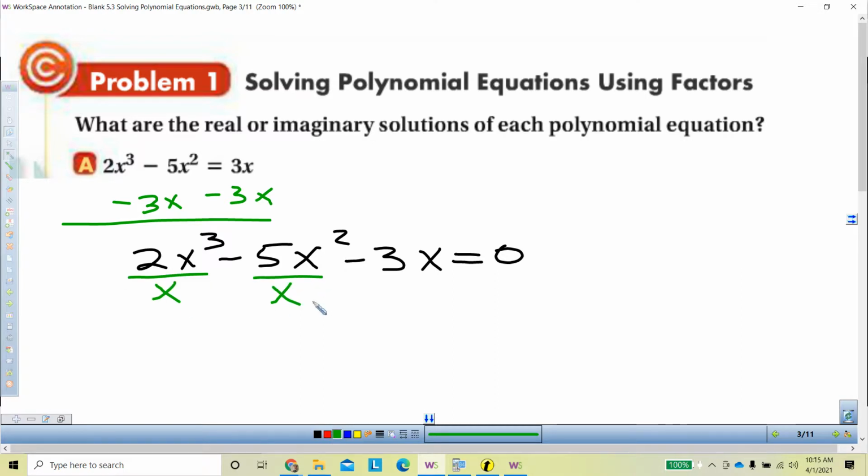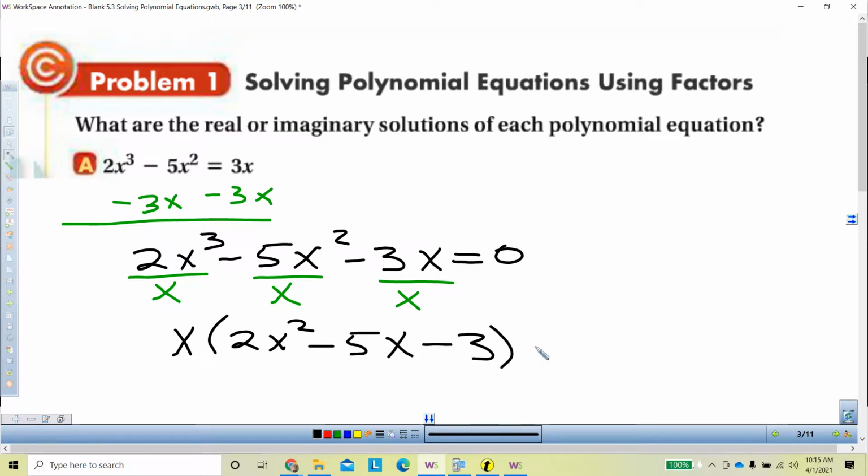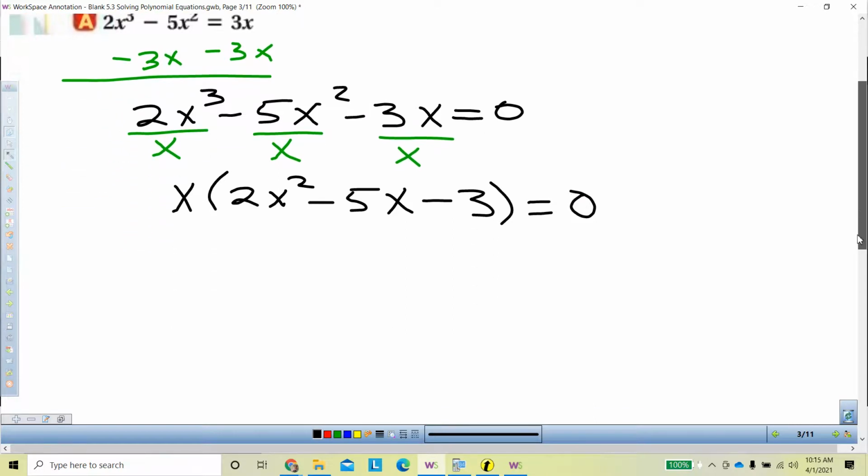It's a good start. And then I look at the numbers and I think, can I divide any number out? Nope. So I'm good. All I can divide out is that x. So we got 2x squared minus 5x minus 3 equals 0. So again, now we're at that recognition phase.